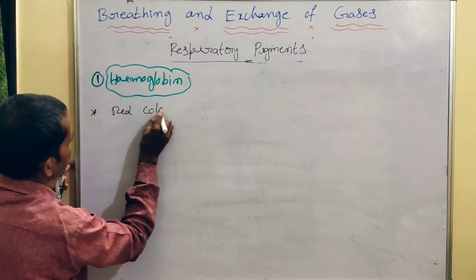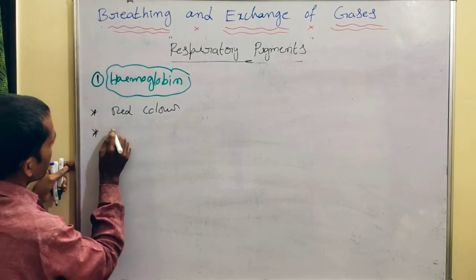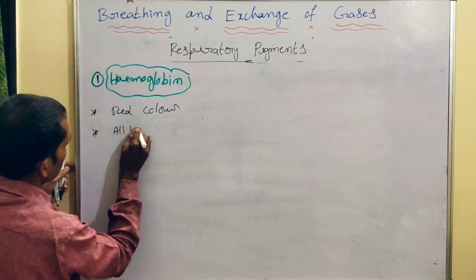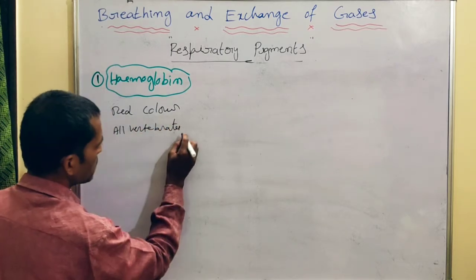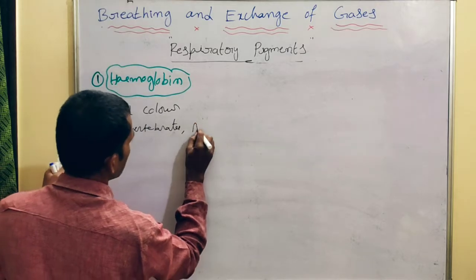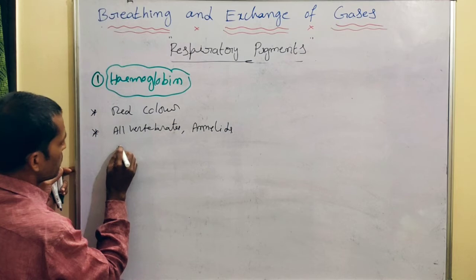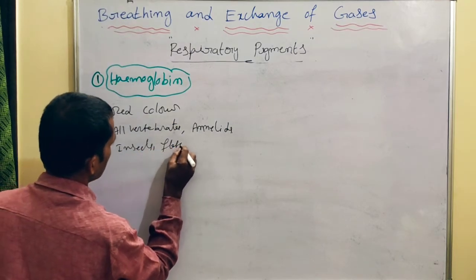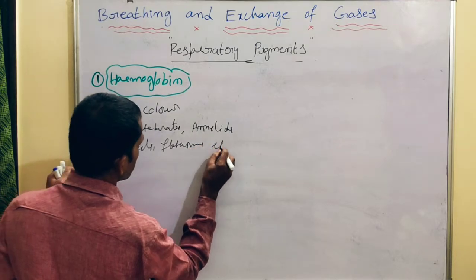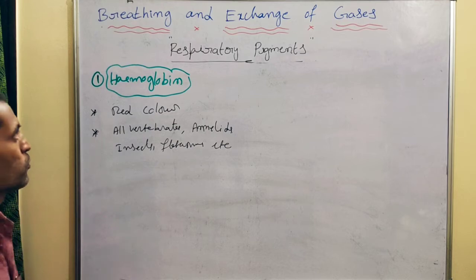They are found in all vertebrate animals, then annelids, insects, flatworms, etc. So we can say the human being is an example for having hemoglobin.